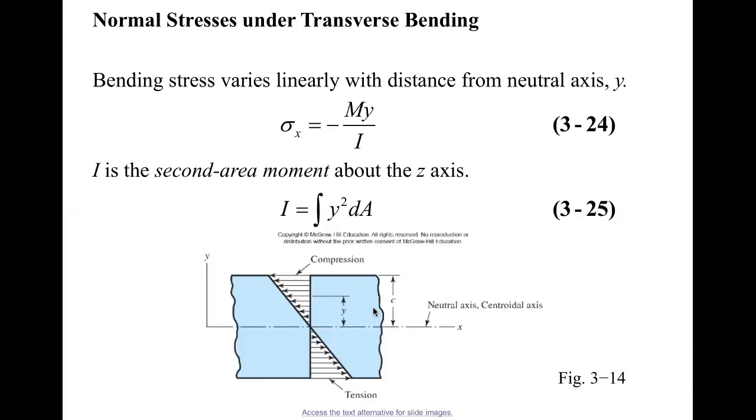So under bending, above the neutral axis, we have compressive stress. Below the neutral axis, we have tensile stress, because of this negative sign. So here, you use the same equation. The difference is M is not constant.